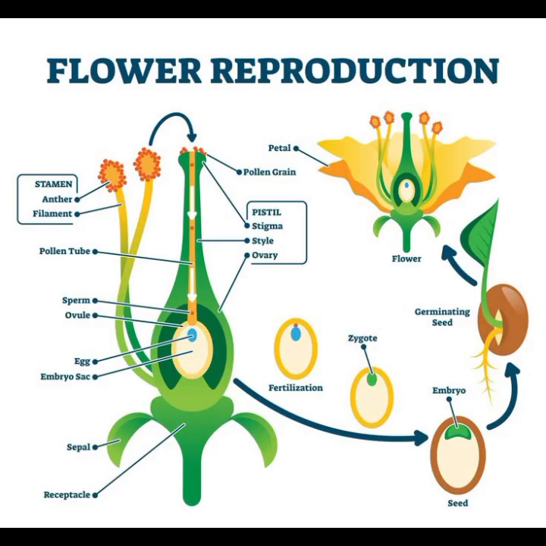WAEC question number 5A from the year 2016. Differentiate between self-pollination and cross-pollination.